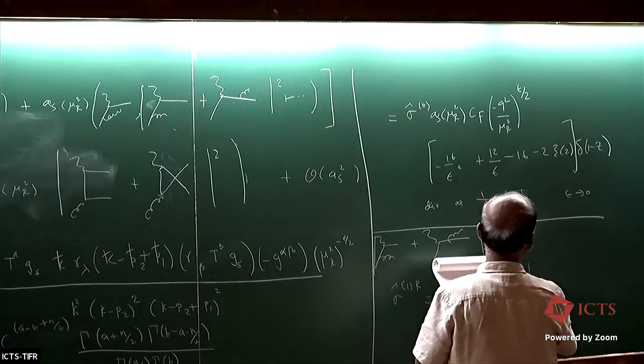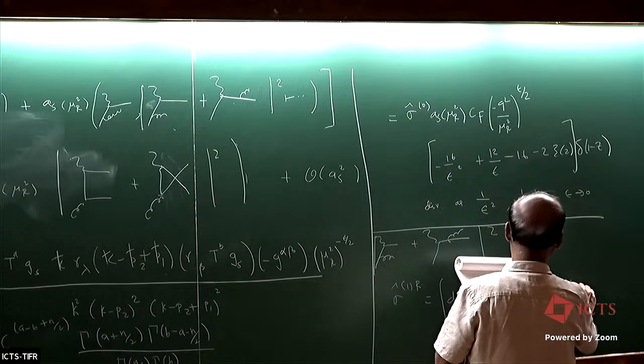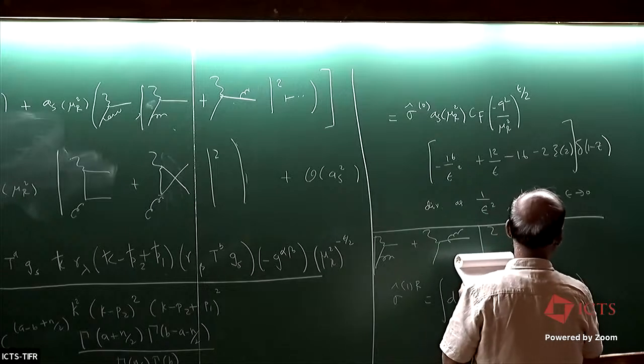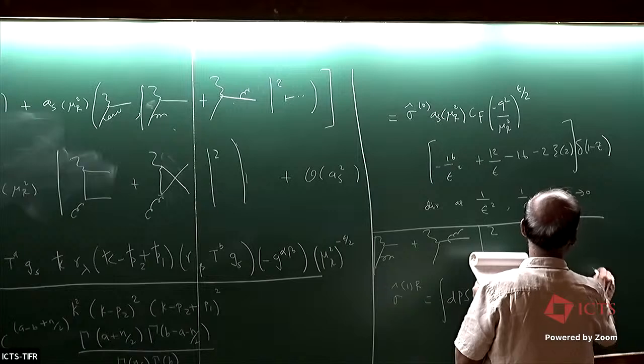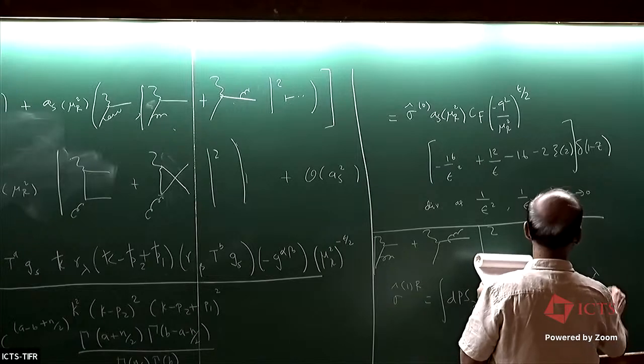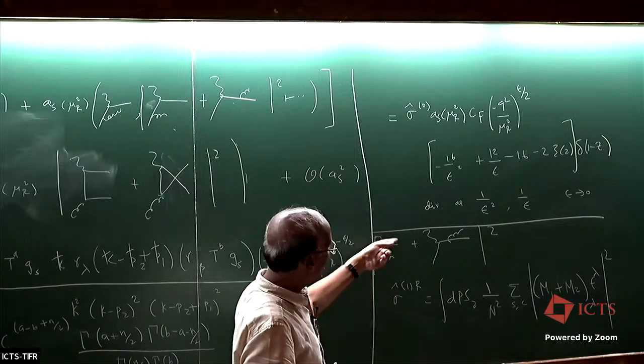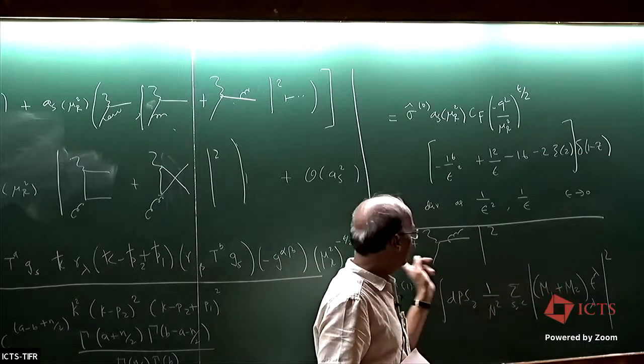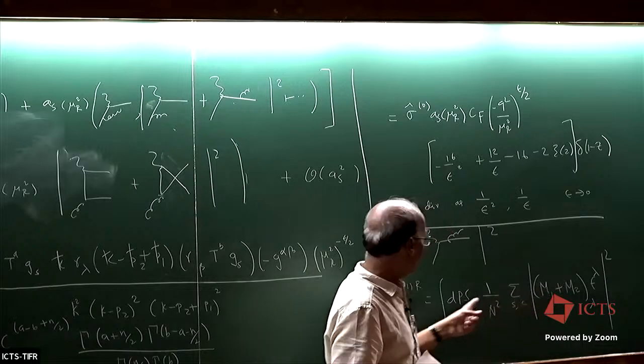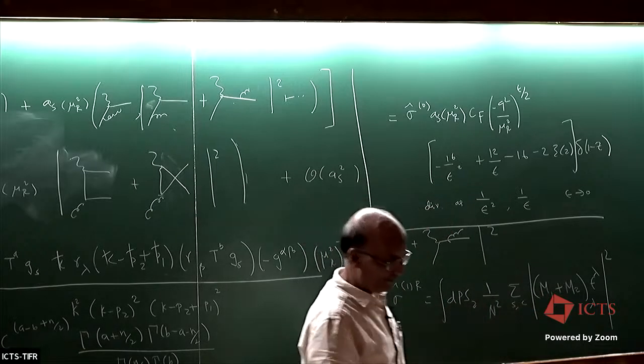Then you have two amplitudes, M1 plus M2, multiplied by polarization tensor lambda, whole square. This is all you need to compute.